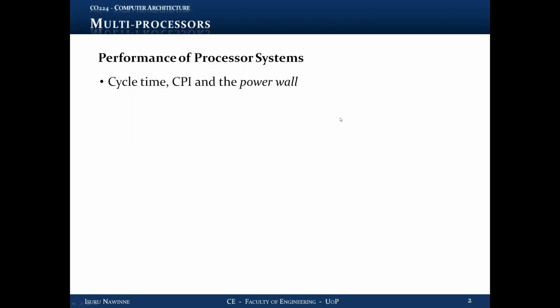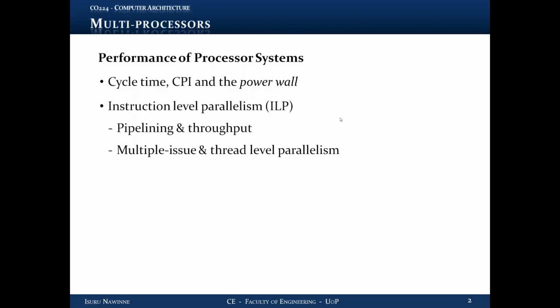Then, because of this reason, a different concept came into the picture, that is instruction level parallelism. How do we process multiple instructions in parallel? One of the main technologies involved in this was pipelining. And with that came the concept of throughput to define performance: how many instructions can you complete in a given time?